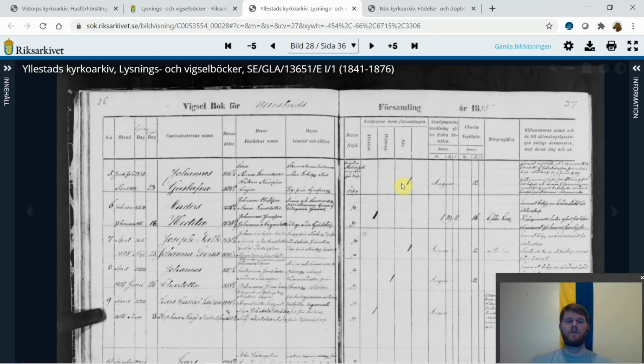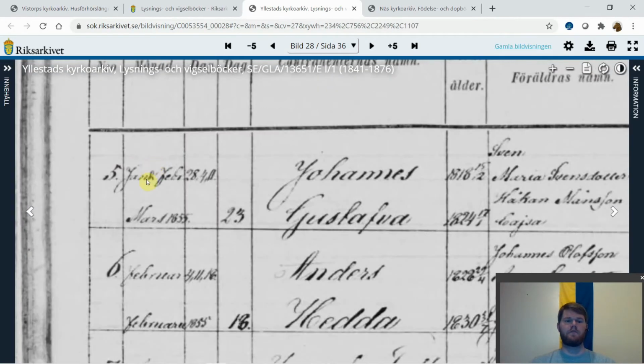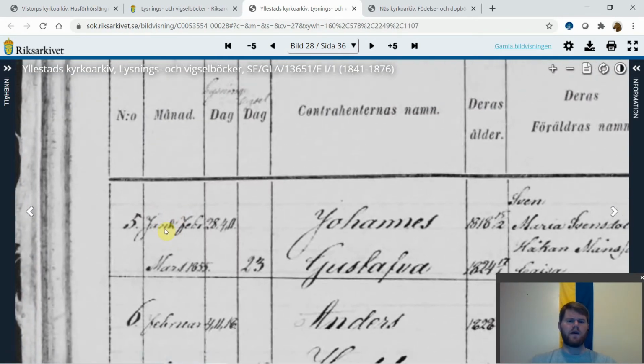When you're looking for the record of individuals who got married, it's important to note that there's a marriage date and there's going to be a banns date. So, for example, with this one that we found just barely, we've got two dates.